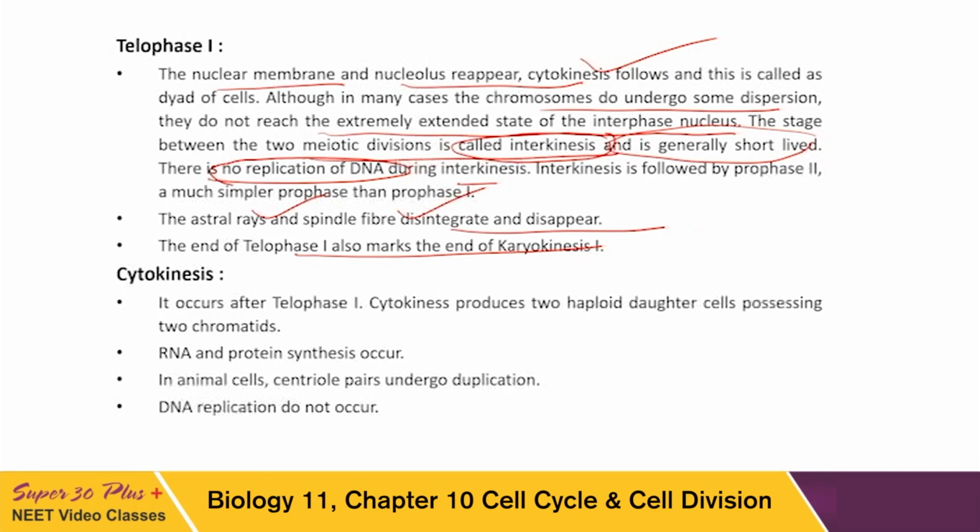Then cytokinesis follows after telophase and produces 2 haploid daughter cells. It may or may not be there. RNA and protein synthesis will occur. In animal cells, centriole duplication will take place, but there is no DNA replication, remember this.